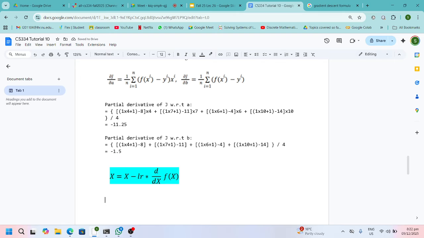All right, let's see. So सबसे पहले हम a की updated value निकाल लेते हैं after the first iteration. So updated value of a equals initial value of a minus learning rate multiplied by जो ऊपर हमने partial derivative निकाला था of j with respect to a.